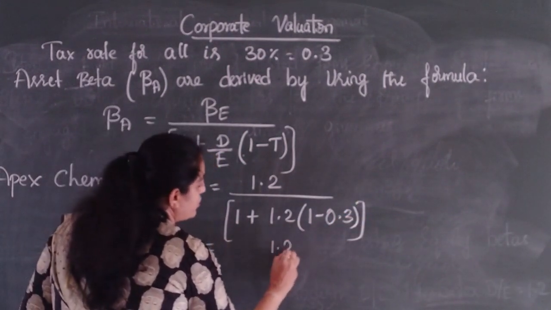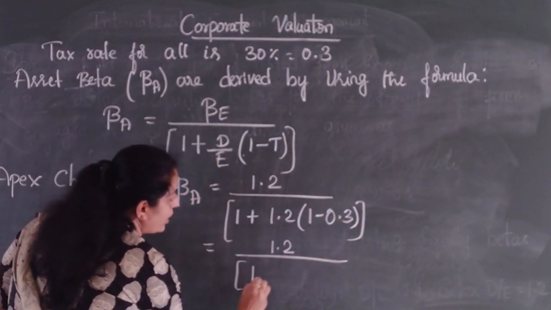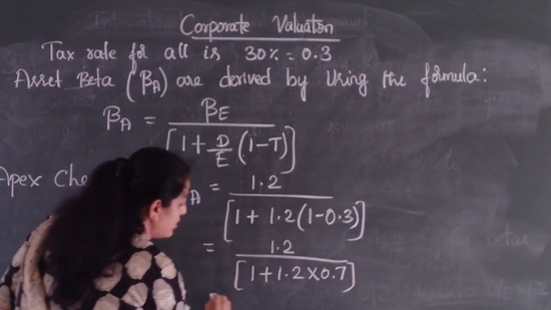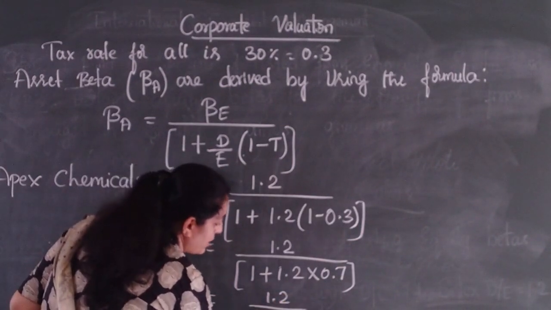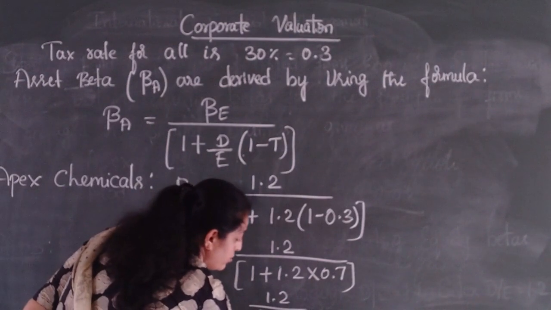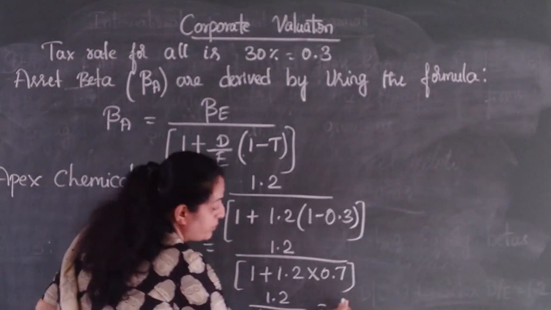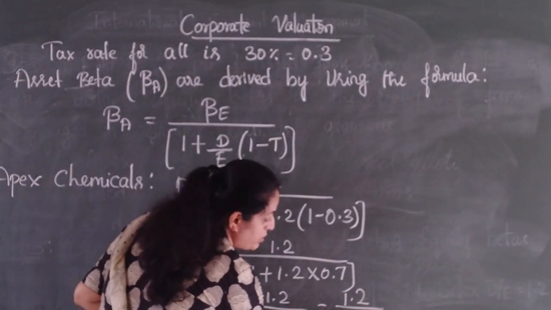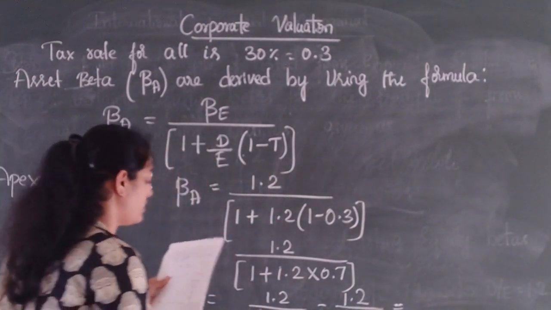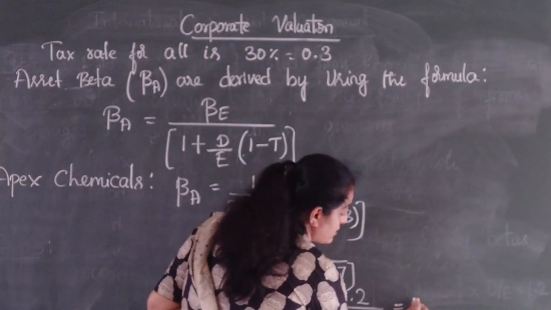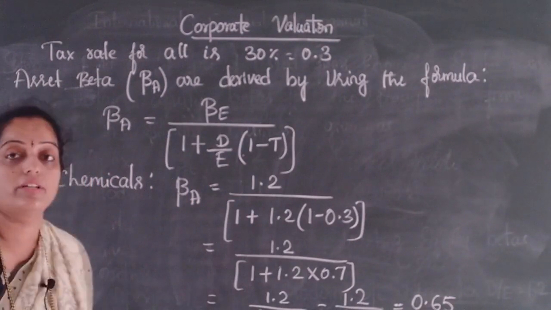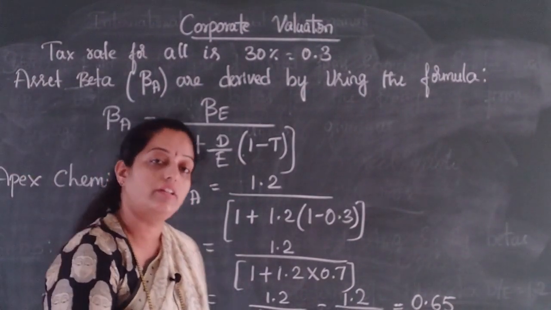So 1.2 divided by 1 plus 1.2 into 0.7, that is 1.2 divided by 1 plus 0.84, equal to 1.2 divided by 1.84. The asset beta of Apex is 0.65. Like this, we need to find the asset beta for the other two firms.